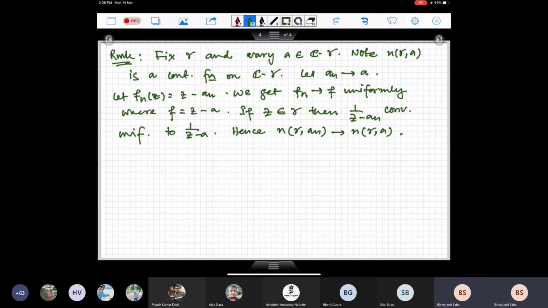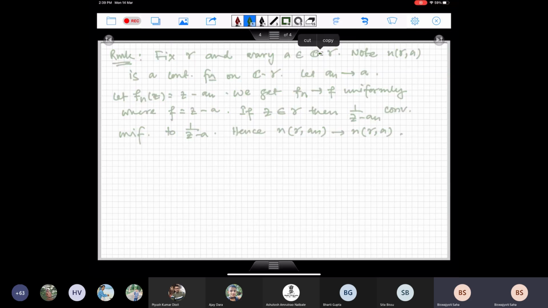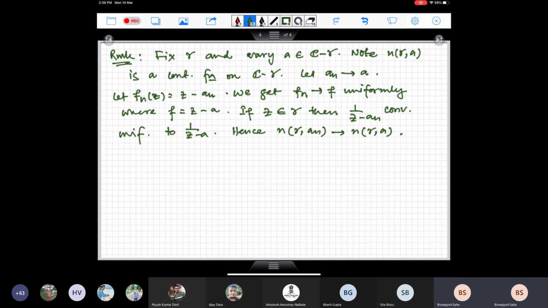Okay. So now here, first of all, it's a continuous function and it takes values in the set of integers. Now remember, the function is not going from C, it's going from C minus gamma. So C is a connected set, but C minus gamma, especially when gamma is a closed curve, will not be connected.